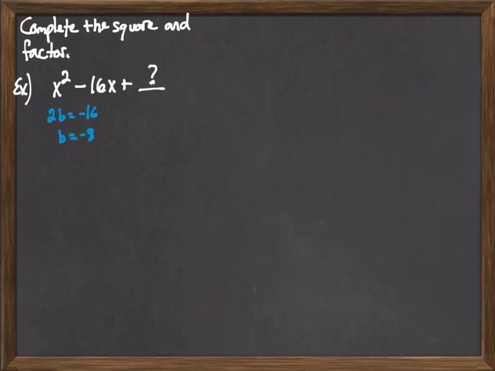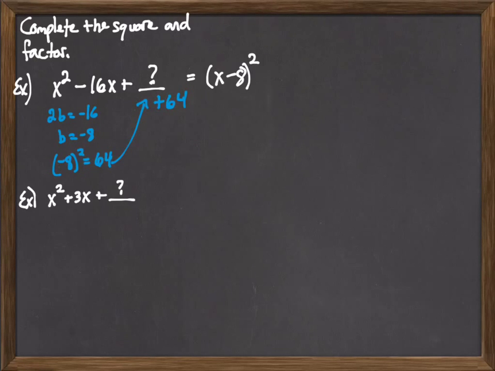And solving that equation gives me b equals negative 8. And then we square that thing, negative 8 squared would be 64. That's the thing we need to add to make this into a perfect square. And then once we do that, we can factor that as x minus 8 quantity squared. It's minus because the b is negative.